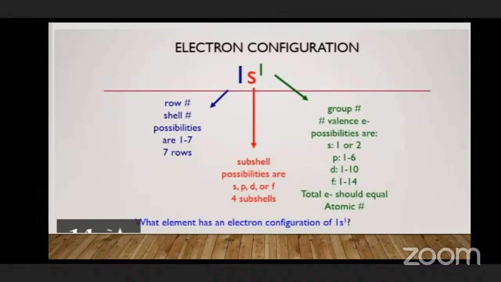After that, s is the subshell, and the 2 electrons are in the s subshell. So directly we can say which subshell a particular electron of an element belongs to, and which group and which period that element belongs to.